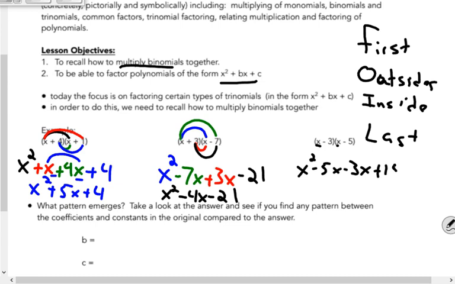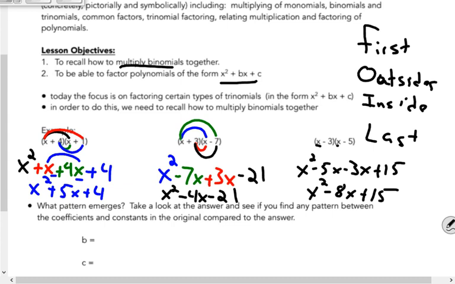Positive 15. Then you add up the like terms. Negative 5x, take away 3x. Very good, Chloe George. Okay. Any questions about that one? Taking this dead silence as everyone's okay.